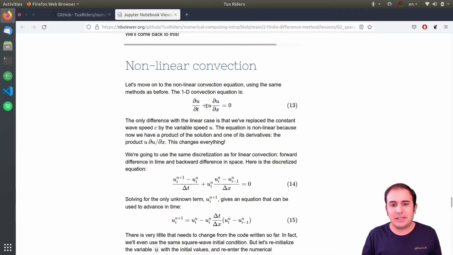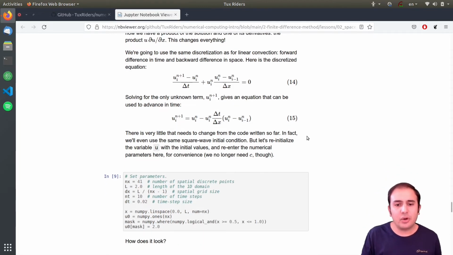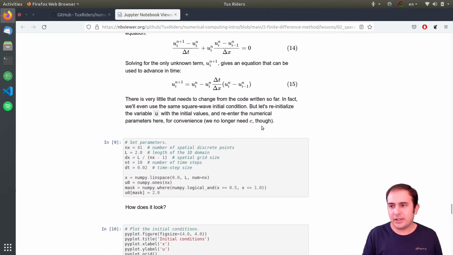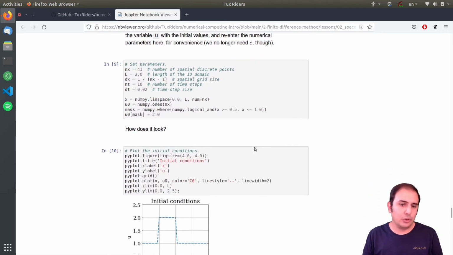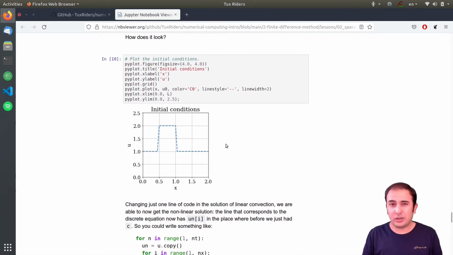This is what this equation implies. For doing that, it is quite simple: instead of c, we insert u into the equation, and then we can compute the finite difference solution. This is the initial condition, as I described in the previous video.